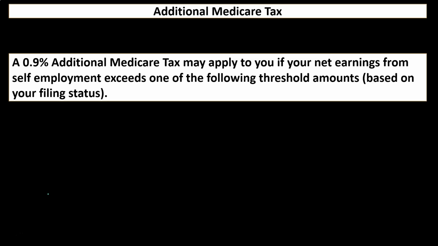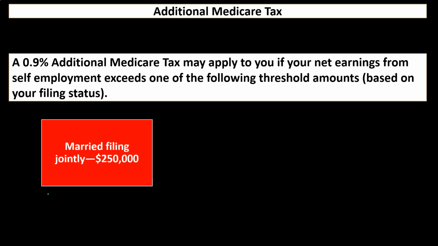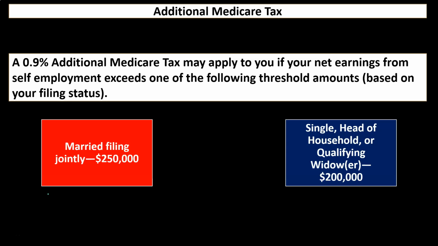So an additional Medicare tax, a 0.9% additional Medicare tax, may apply to you if your net earnings from self-employment exceed one of the following thresholds based on your filing status. Married filing joint, $250,000, or single, head of household, or qualified widower, which would be $200,000.